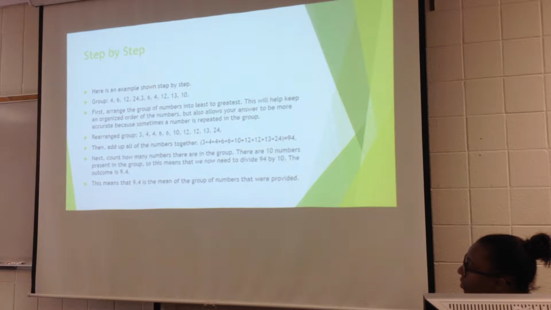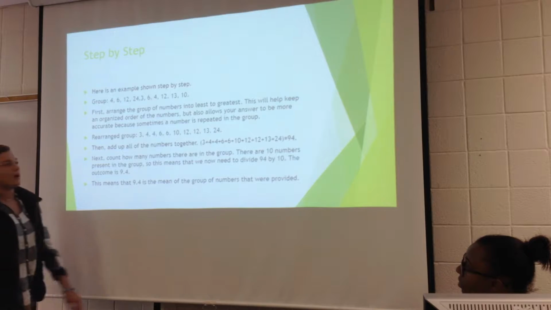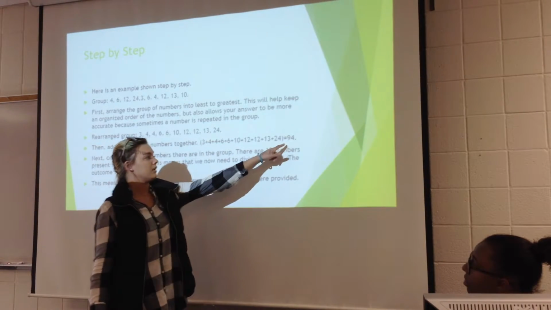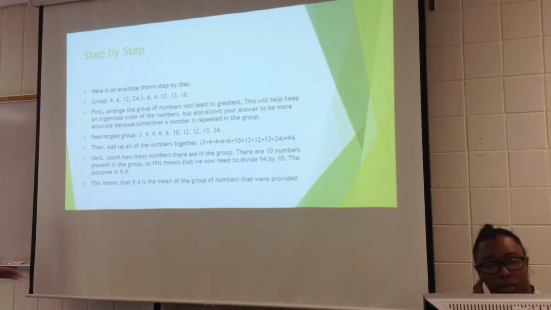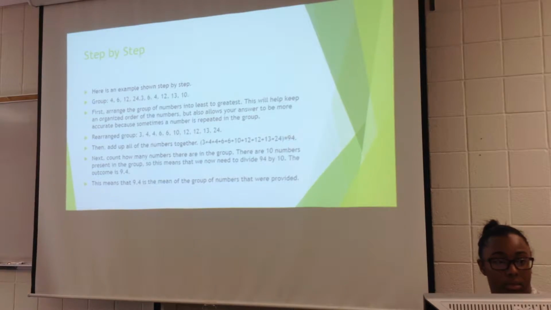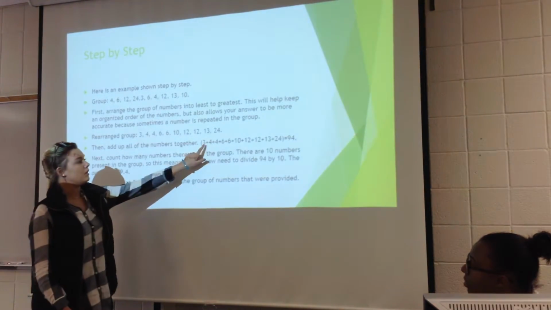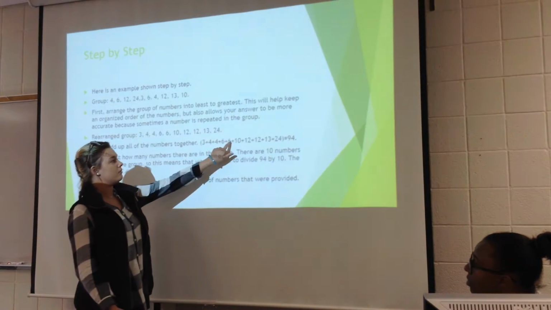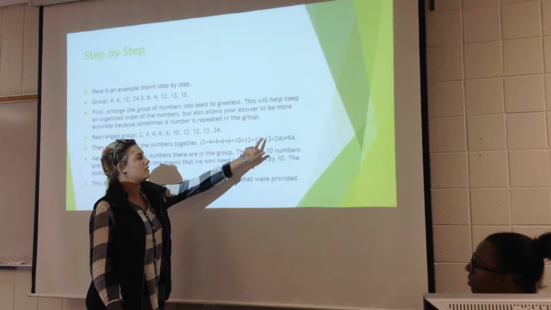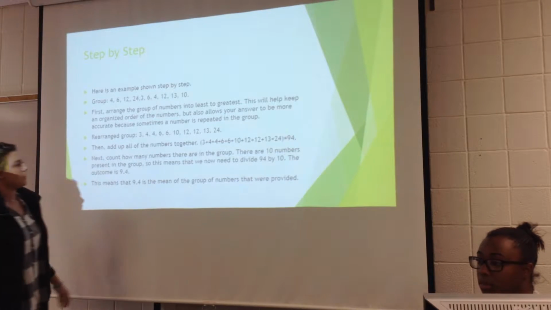Then you add all these together, and it'll equal 94. Next you count how many numbers are in that group. In that group there's 10, so we count 1, 2, 3, 4, 5, 6, 7, 8, 9, and 10. That's where we get 10.